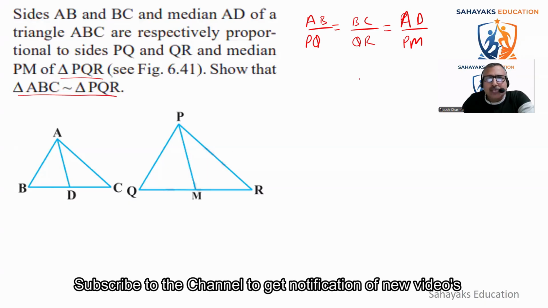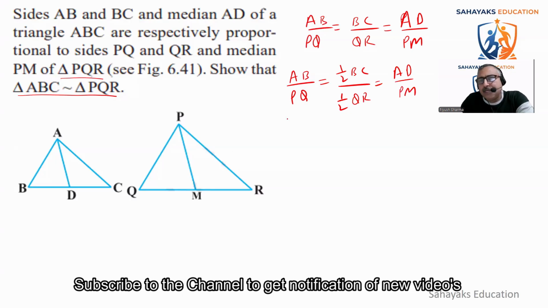Okay. So in this triangle, I can write AB by PQ is equal to BC by QR, and can I half it? So I just half BC divided by half QR. Now BC divided by half QR is equal to AD by PM. Now what is half BC? Because AD is a median, BD is equal to DC.